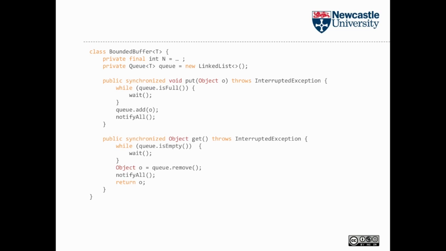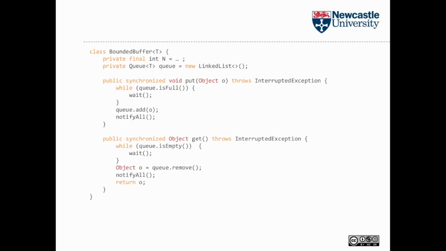Anyhow, the answer is no, because everyone is waiting within the same queue. So if I'm just notifying some thread, I don't know which thread I'm going to notify, because I cannot select precisely to just wake up one thread waiting to provide an element and so on and so forth.